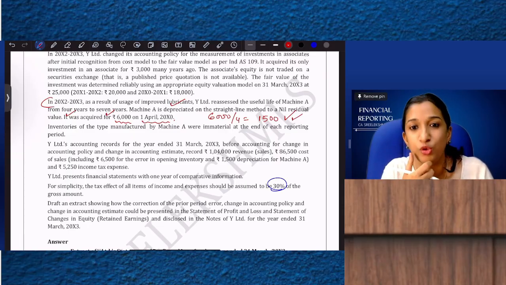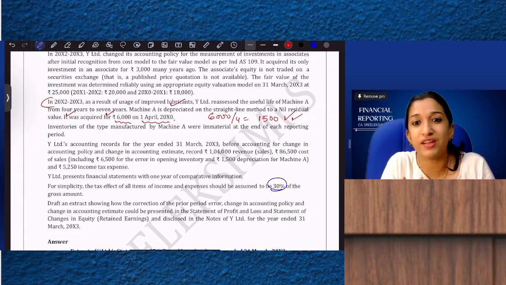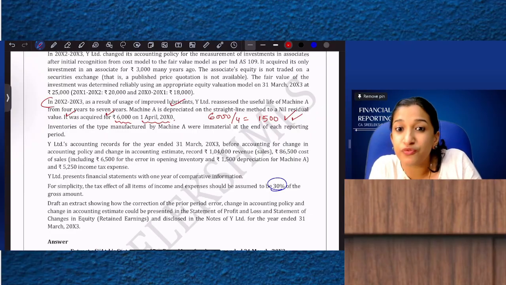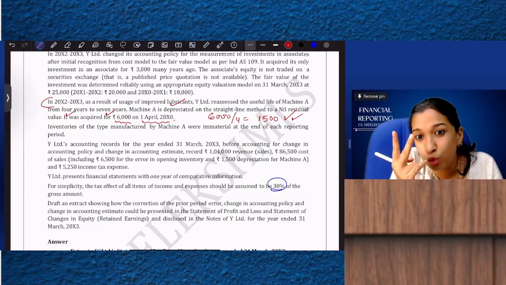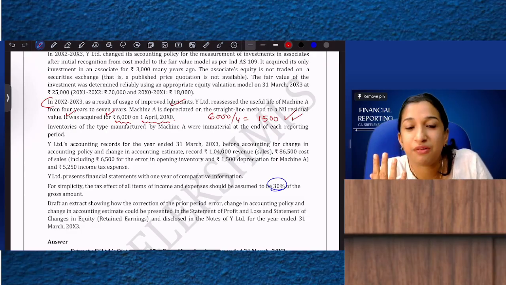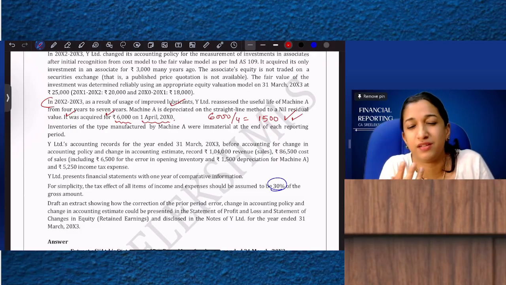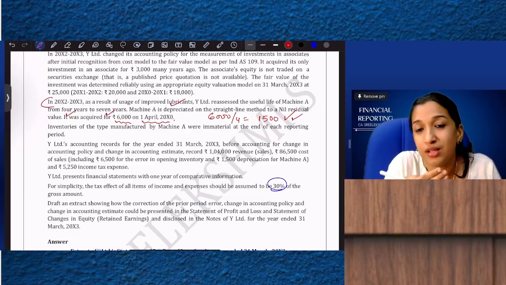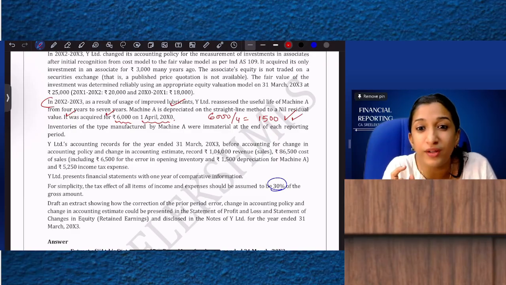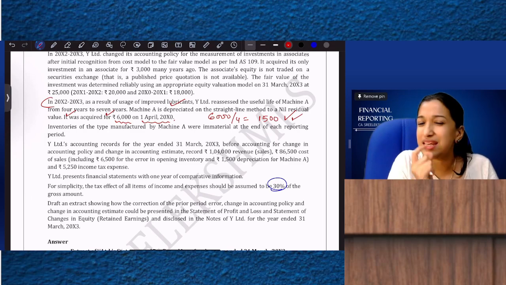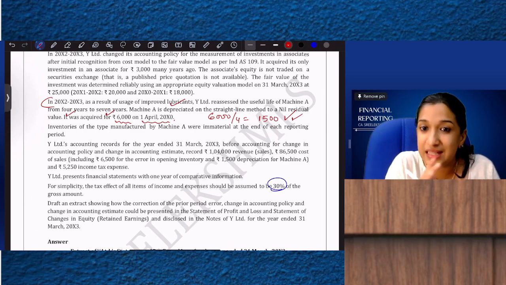Now there is a change in useful life from 4 to 7 years, which means what is the remaining useful life? Remaining life is 5 years. Remaining life was only 2, but revised to 5. The change in useful life is an example of a change in accounting estimate.